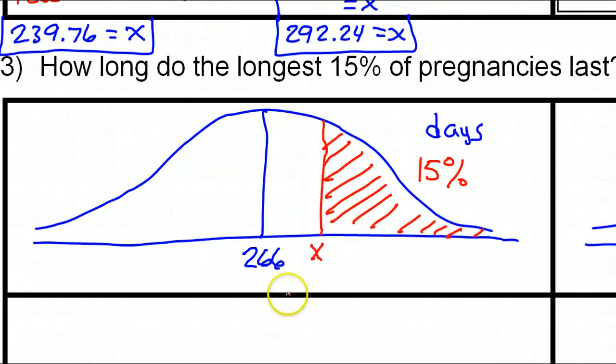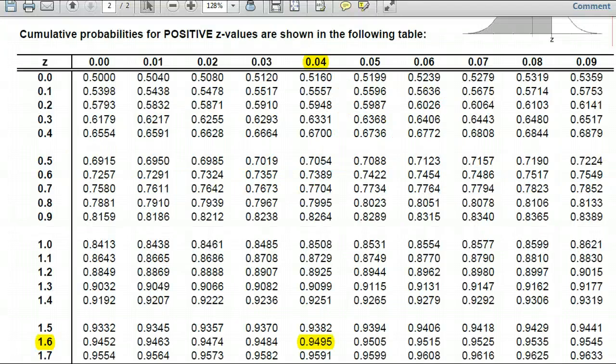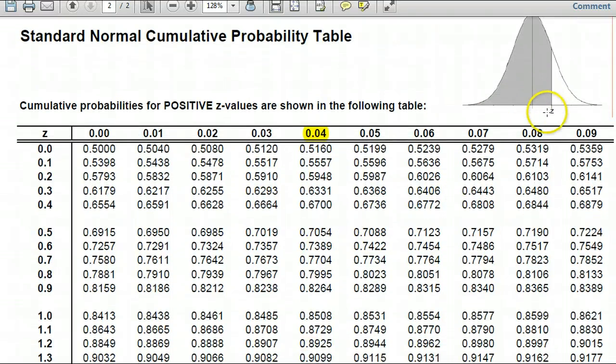So we're going to do these calculations in a minute, but here's the problem, guys. We cannot use this 15%. Again, we cannot use this 15%. When we use our z-score chart, the chart is only giving us probabilities to the left of Z. It's got to be to the left, not the right.